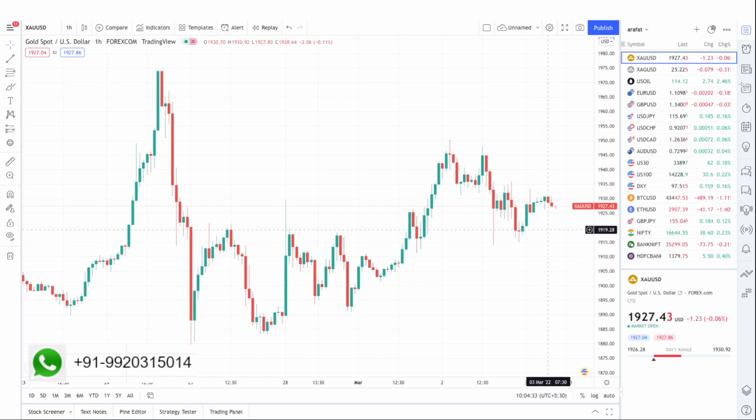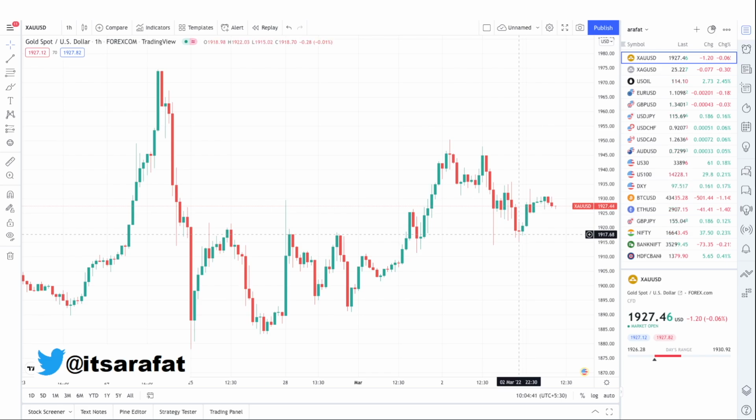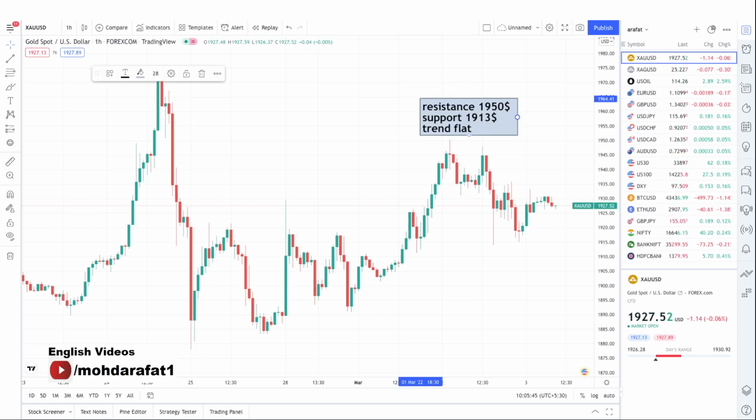Now coming back to gold, yesterday I gave you a support of 1918. This is 1918. Yesterday gold tried to break that support once or twice but could not hold. So let's have a look at resistance and support for today's trading session. 1913 will act as support now.